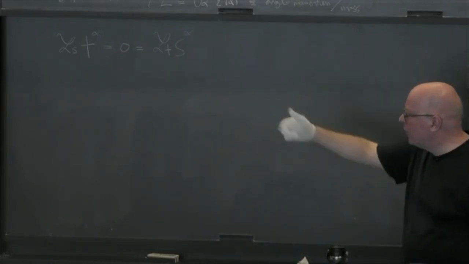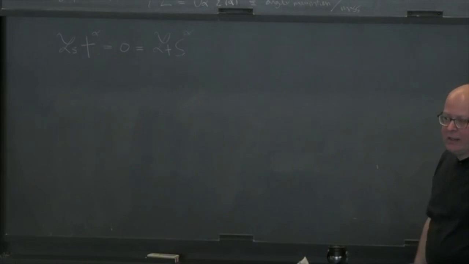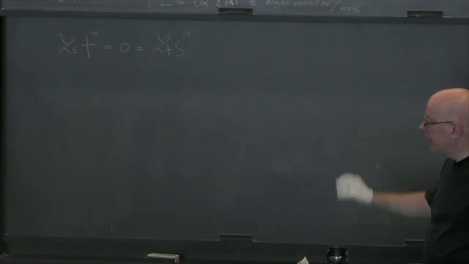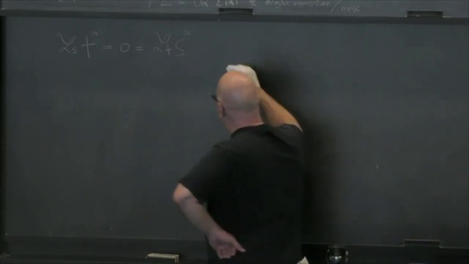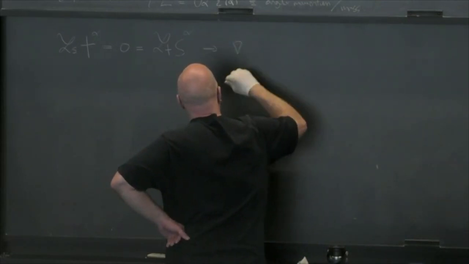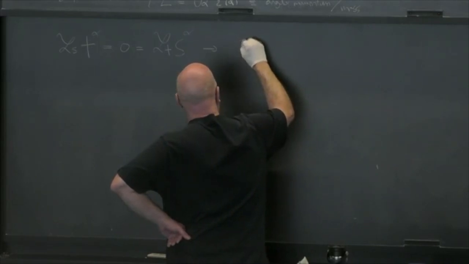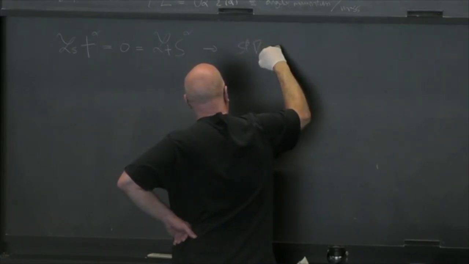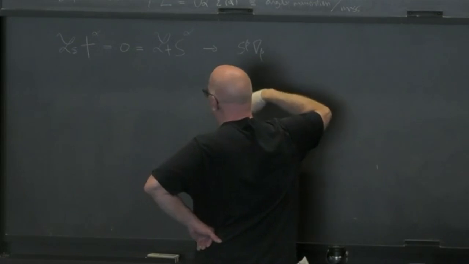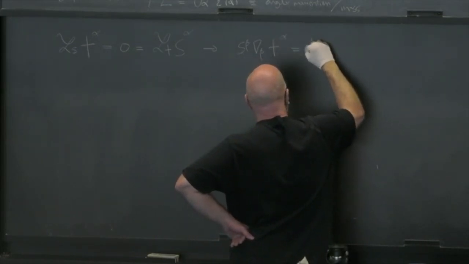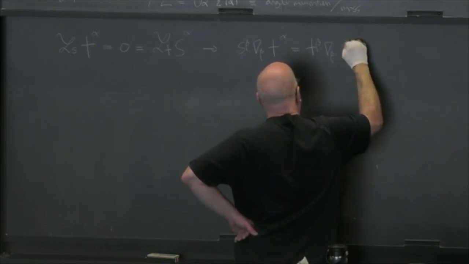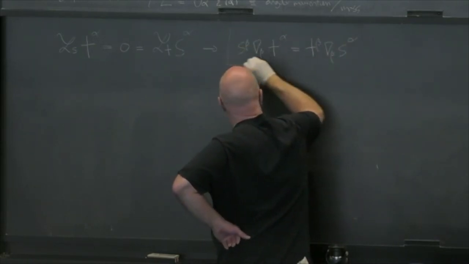That comes from the second derivatives being the same irrespective of order with respect to t or s. And if I write this out in covariant terms, we would get that s^β covariant derivative with respect to β of t^α is the same thing as t^β covariant derivative of s^α.